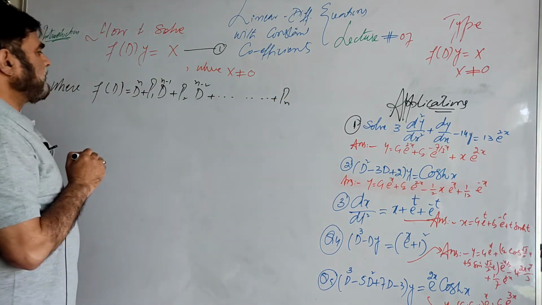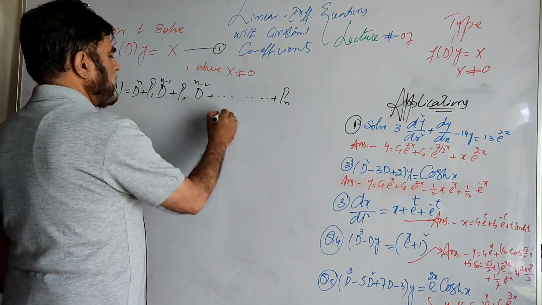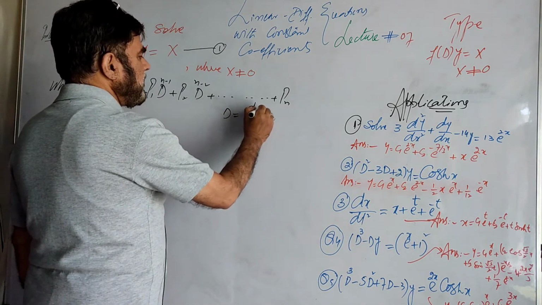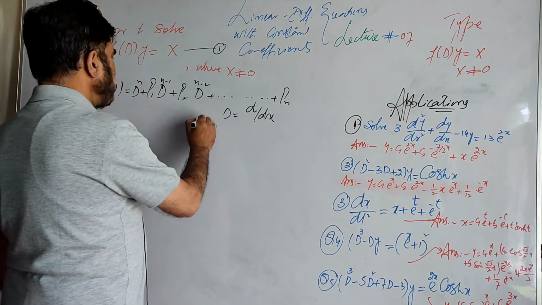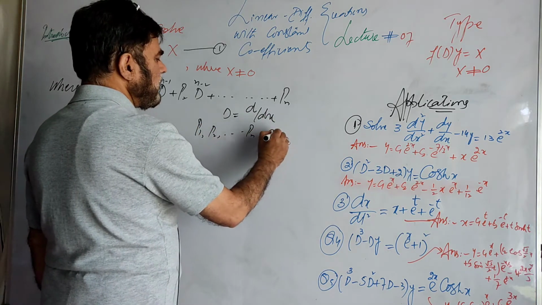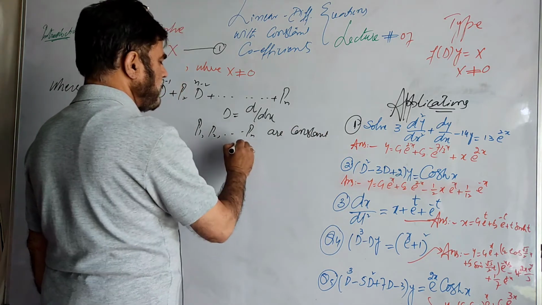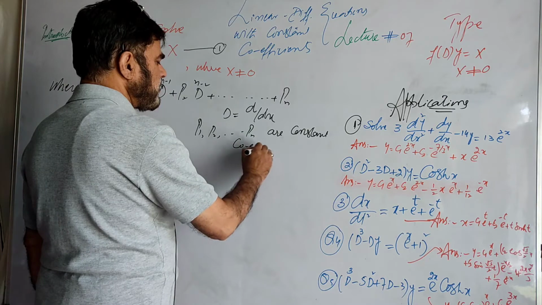This is your f(D). D is the operator d by dx, and p1, p2, so on to pn are constant coefficients.